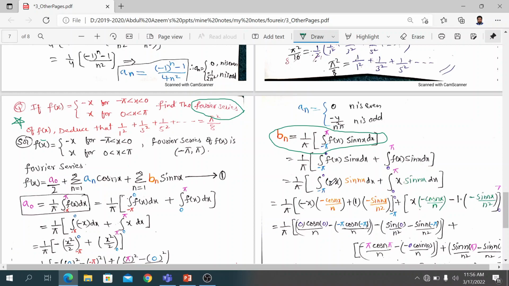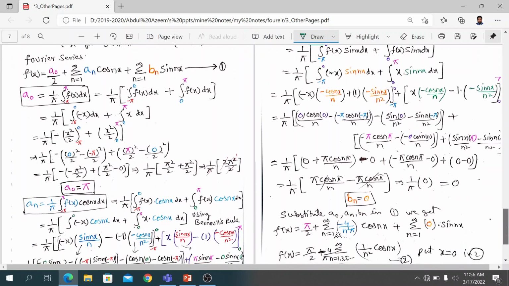So now using Bernoulli's rule, for minus x: minus x, and the derivative of minus x becomes plus 1. Now the integration of sin nx is minus cos nx by n, and again the integration gives minus sin nx by n square.